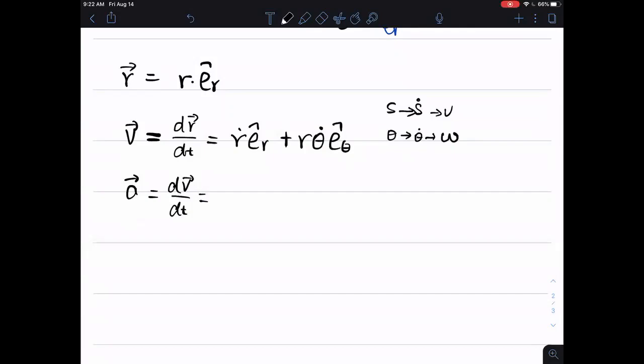Now you have the expression: r double dot minus r theta dot squared times e_r hat, plus r theta double dot plus 2 times r dot theta dot, times e_theta.